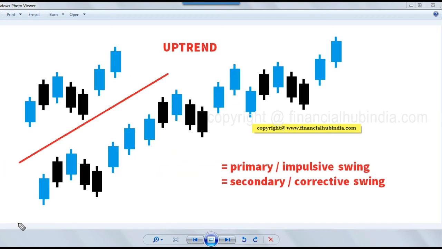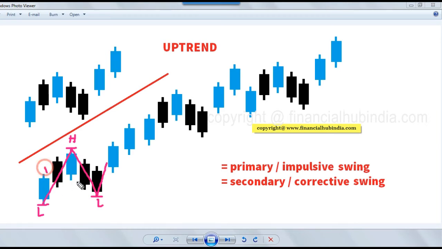One more thing needs to be clarified here. If you notice this overall pattern, there's a structure, you can see it. That is the structure of an uptrend. It will always be seen in an uptrend only. This is swing 1 and this is swing 2. Now this is swing 1's high and low, and this is swing 2's high and low, and swing 2 starts moving up from here.